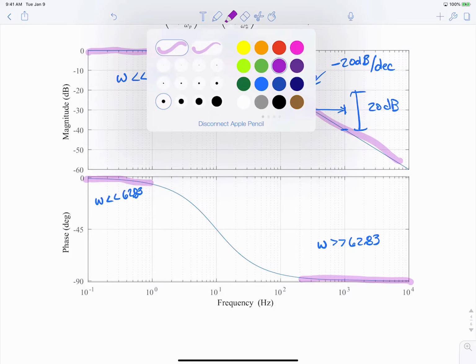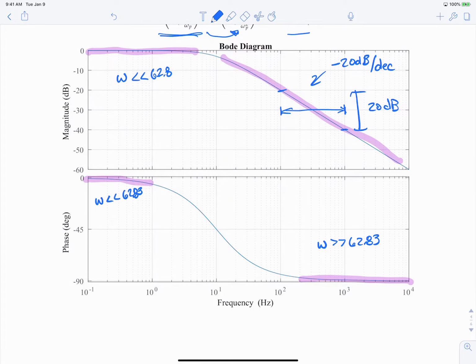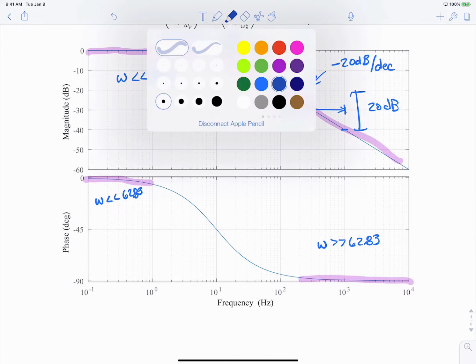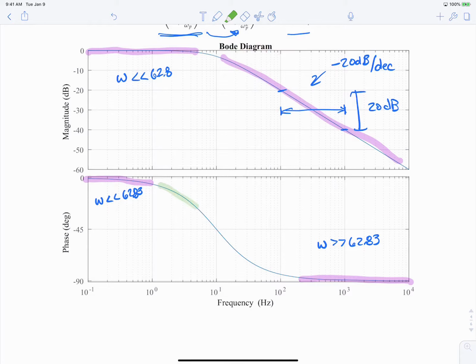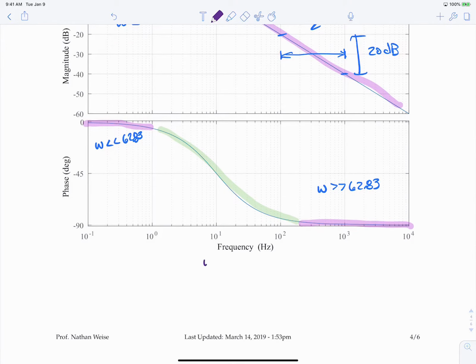And then you have this transition region. It starts about a decade above and below where the pole actually is located. So if we look at the pole here, this is the pole, 10 hertz, that's 62.83 radians.